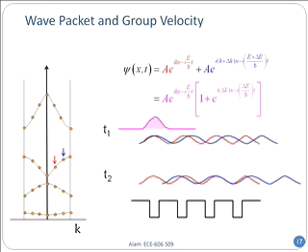Now the point where they interfere constructively is no longer at x equals 0; you can see they are interfering slightly downstream. So it's as if the original electron, which was sitting at x equals 0, has moved a certain distance x. And if I could somehow capture this information, then I would know what velocity an electron moves with if I put it in a certain band at a certain point.